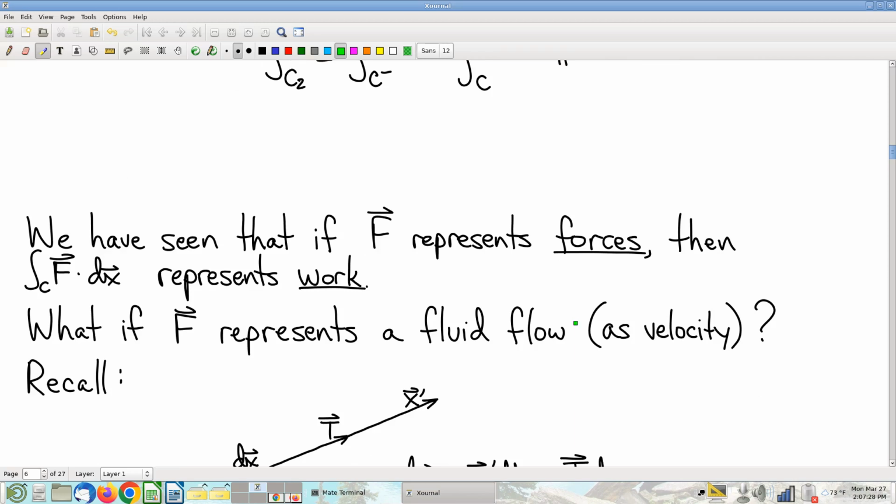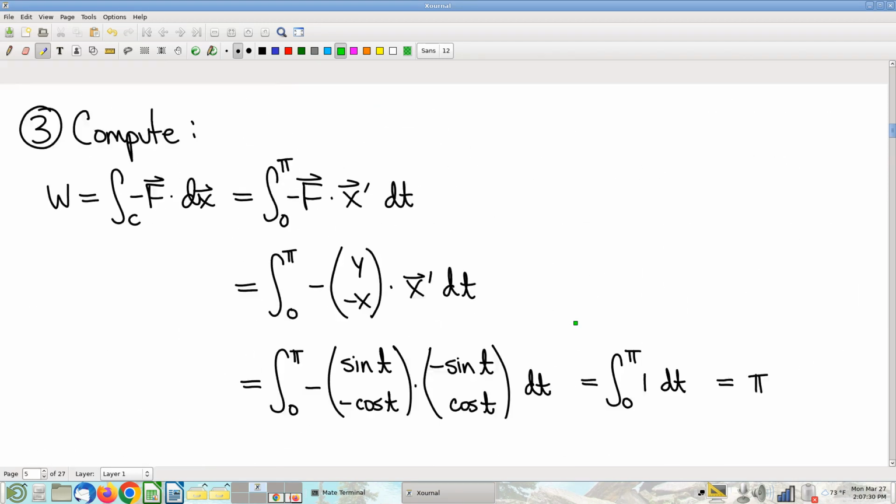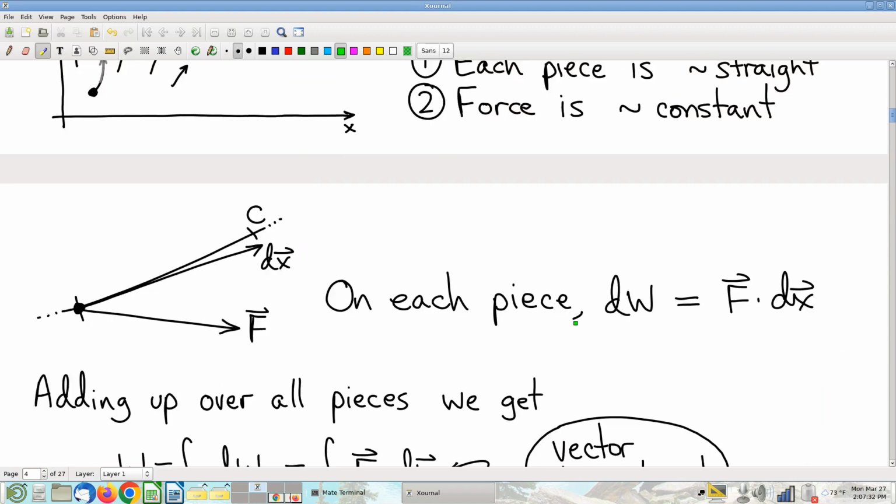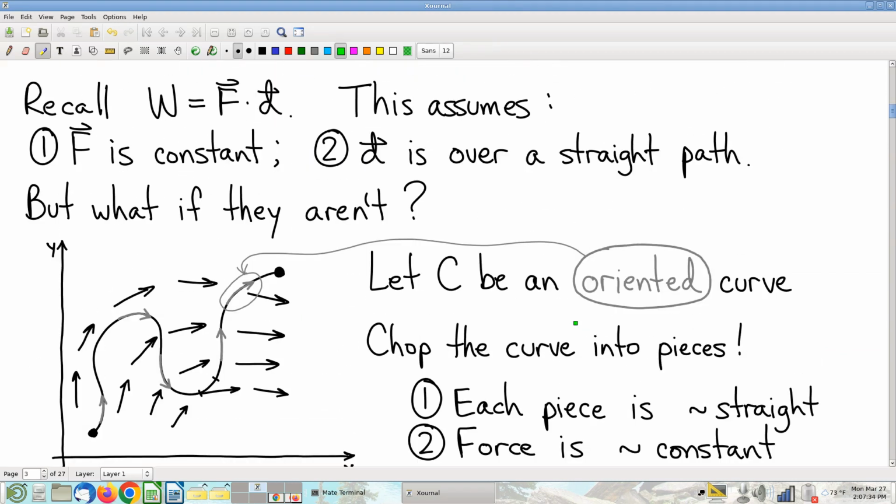So now we're going to entertain a different question. Let me remind y'all, I'm going to go back all the way up to here. Where all of this vector line integral stuff came from was we were asking a question about work. All of this discussion has been in the context of work. And in order to make sense out of computing work, I had to have my vector field represent a force.